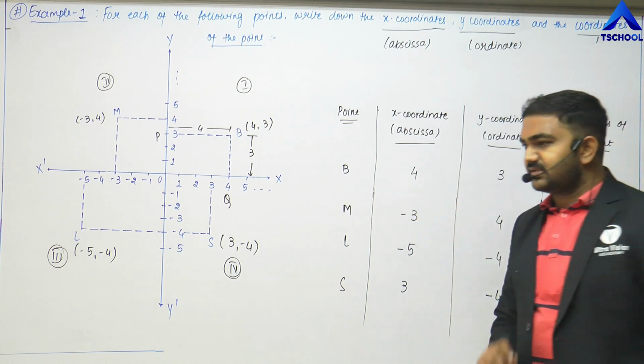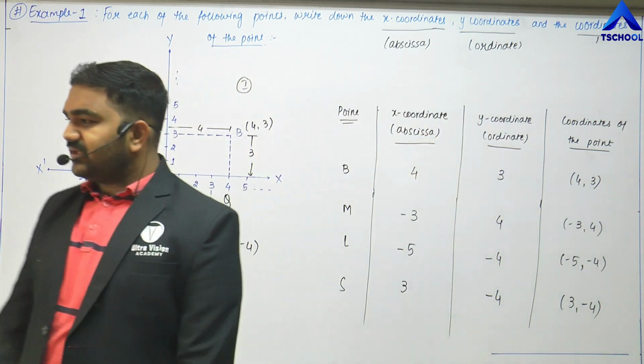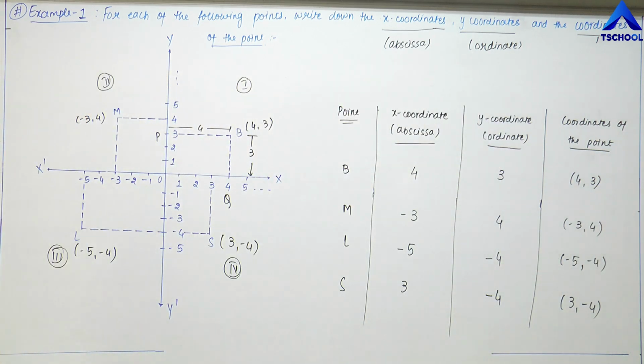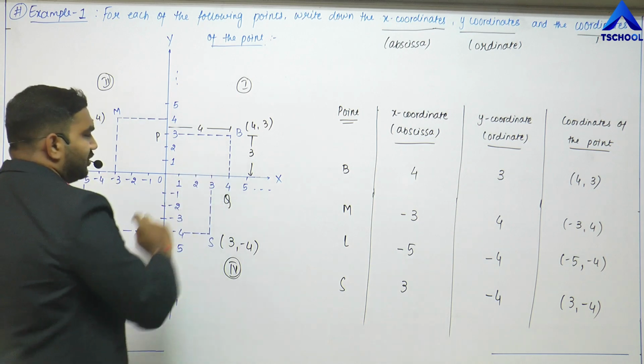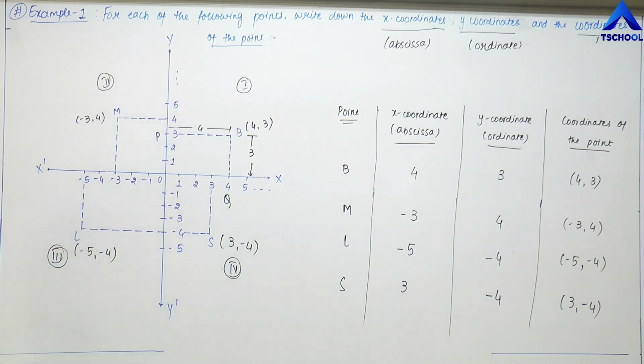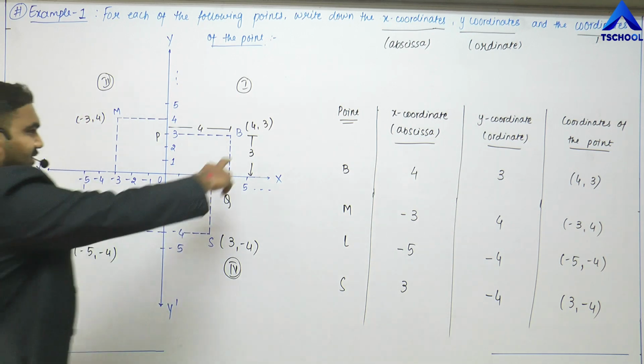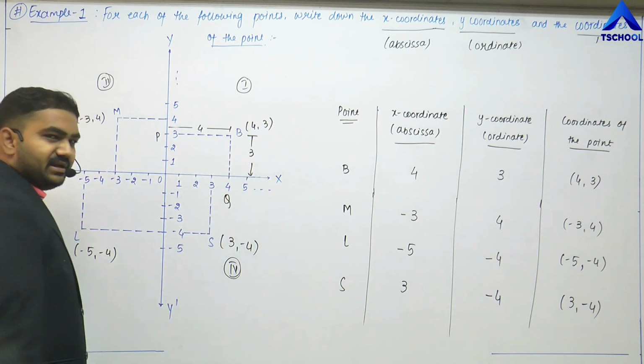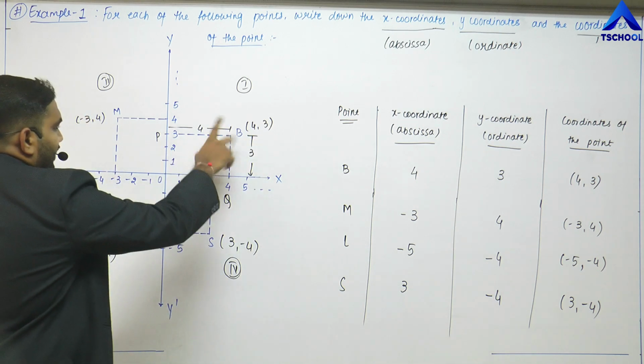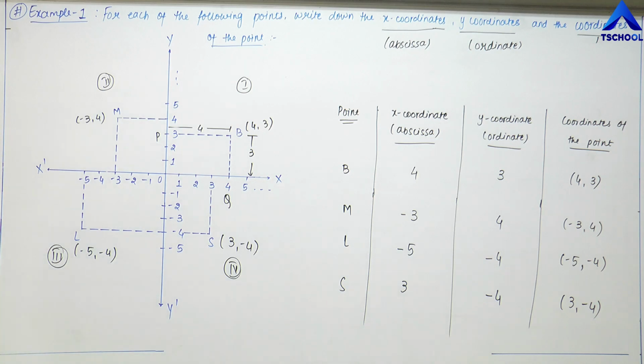Yes or no? Yes. And I shall also give you a hint, a shortcut: whenever you have a point given like this, simply the x coordinate will be the point on the x-axis and the y coordinate will be the point on the y-axis, where the point intersects the x-axis and y-axis.